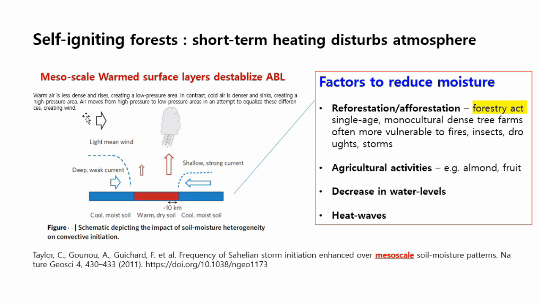So if the land surface is drying and warmer, it's highly likely that wind is getting stronger, and the atmospheric layer is getting more unstable, forming clouds and initiating storms and rainfall and so on.